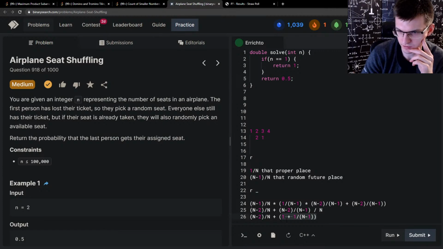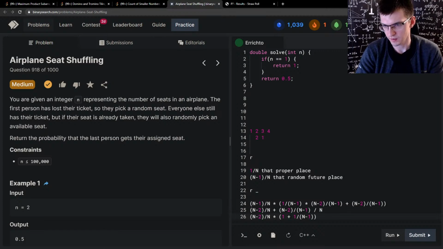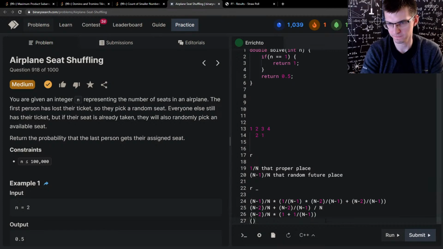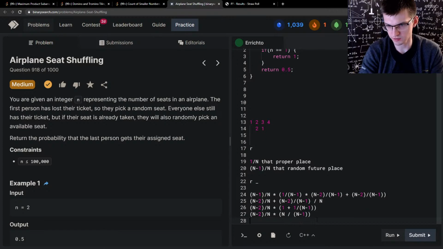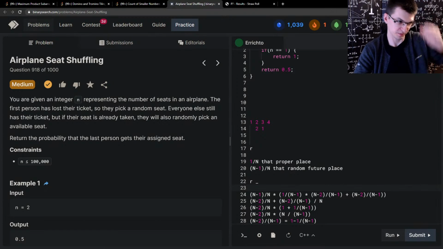Now that multiplied, this is n minus 1 minus n minus 1 plus this, n divided by n minus 1. n gets cancelled and we get n minus 2 divided by n minus 1. We got this simplified form, and it was very boring.